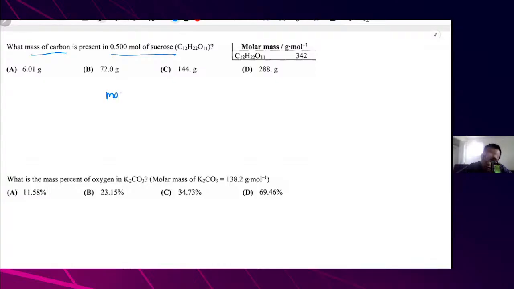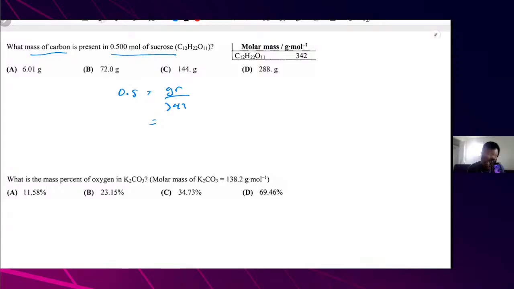You know the mole is gram per Mr. Or maybe we can use something like the previous one. Let's take 0.5, and then gram, and then 342.